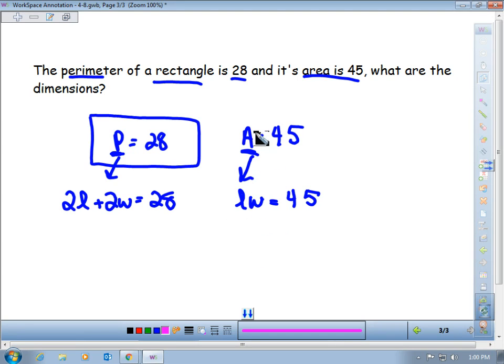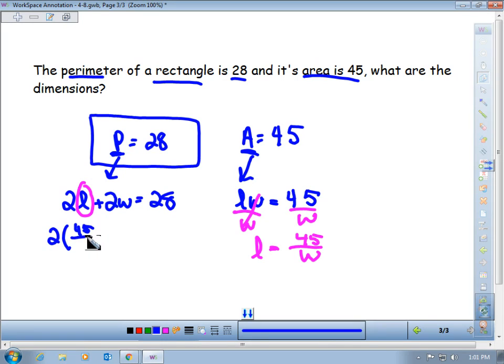So you're going to take the area equation and solve it for one of these variables. It doesn't matter which. I'm going to go ahead and solve it for L. So I get L equals 45 over W. So in the other equation, instead of L, I'm going to substitute in that 45 over W. And all of these, you can do the same exact way, guys.